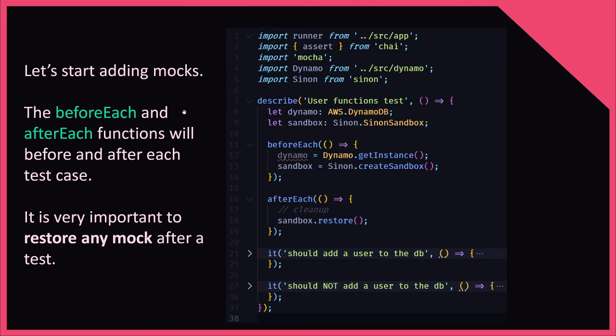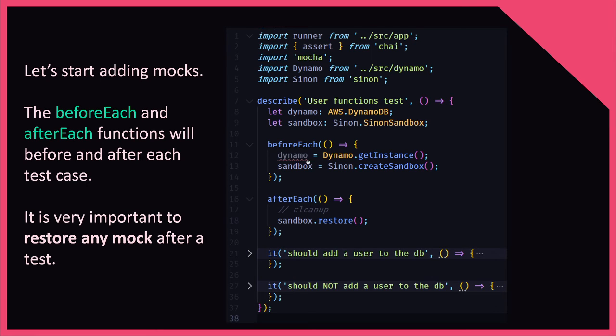So let's start adding some mocks. Now, a little bit more introduction of testing lingo, I guess. Before each function, we'll run anything inside this function before each test case. So my test cases are these it functions over here. I have 2 of them for now.